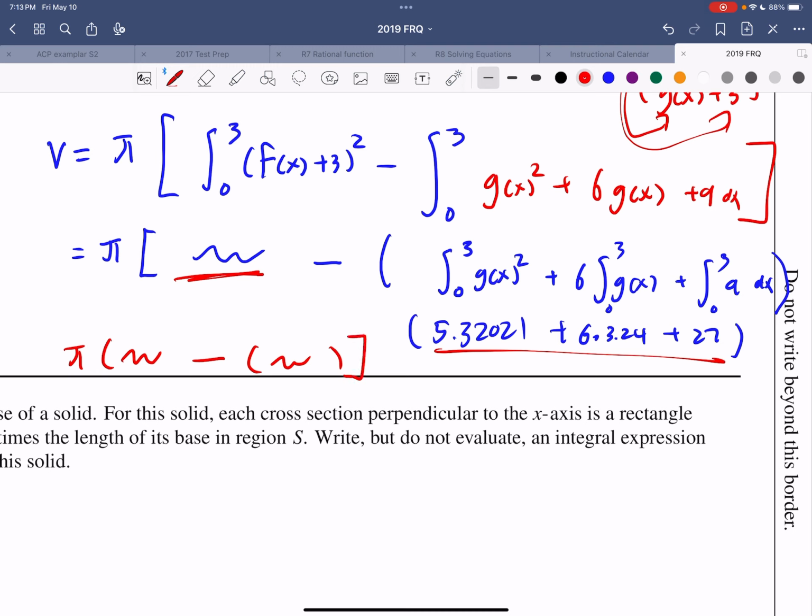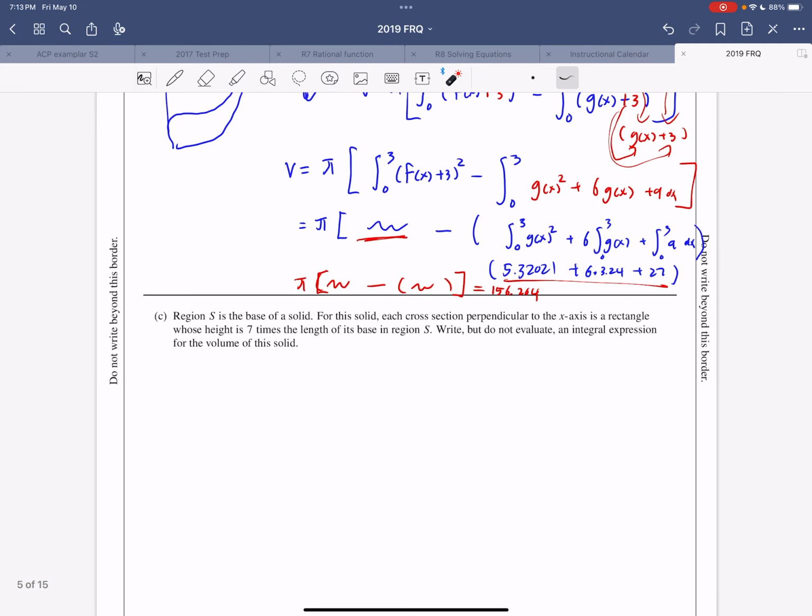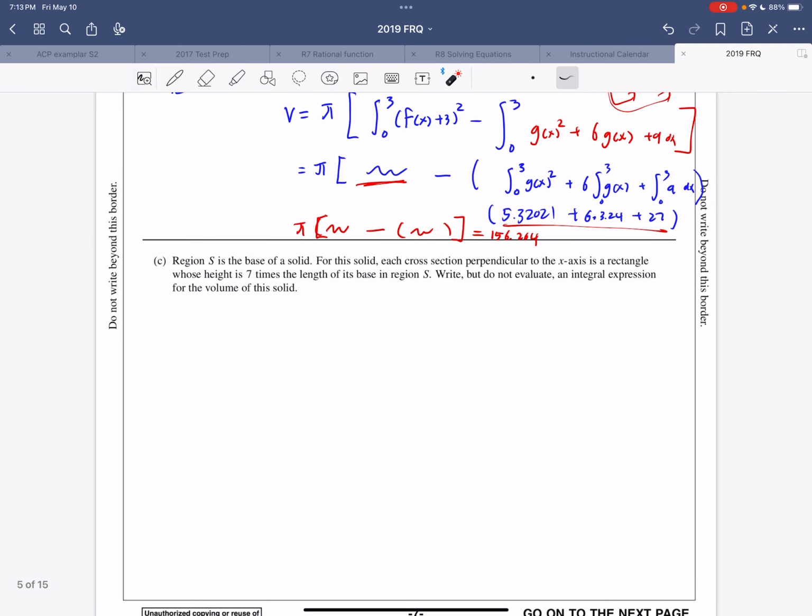I'm going to put this bracket. When you combine all these things, you should get the answer of something like 156.264. I cannot really give you a clear number right now, only because I don't have enough time for this video, because I don't want to make this a 30 minute video, but that's what it is. Okay. All right.